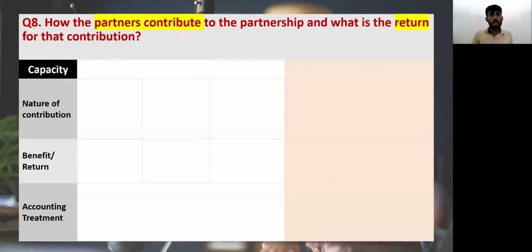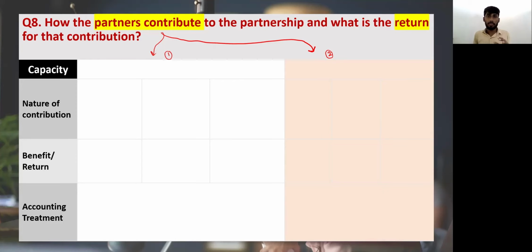So I told you these partners can contribute to a partnership in 2 capacities. They can wear 2 masks, mask 1 and mask 2. So they can wear 2 masks and contribute to the capital. Those are known as capacities.